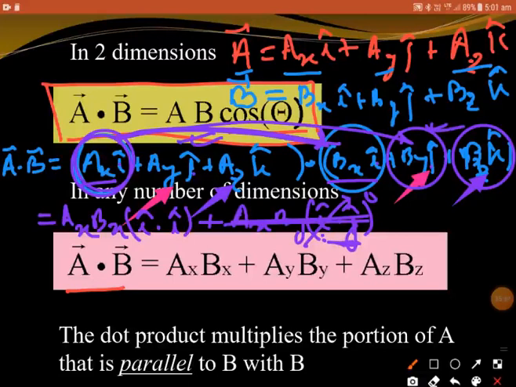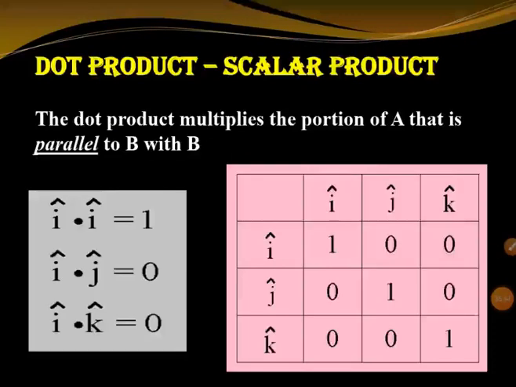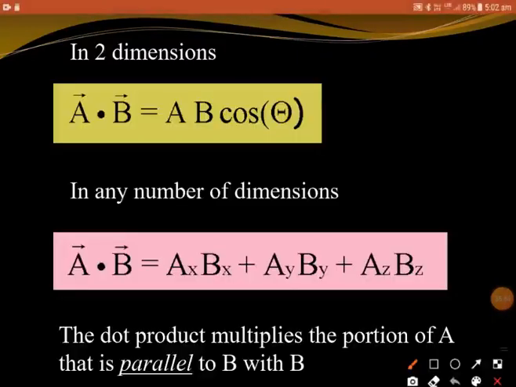So if you do that dot product, then what happens? It will be in this way: ax into bx, i dot i cap, that will be 1. So this will be the first term. For j, ay by, j cap dot j cap will be equal to 1 here. Similarly for k dot k cap, it will be equal to 1.